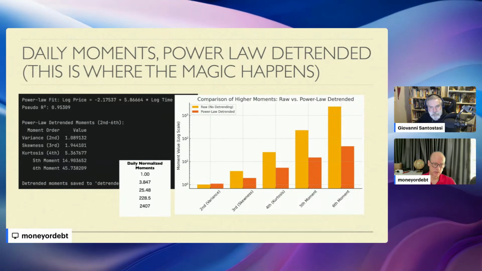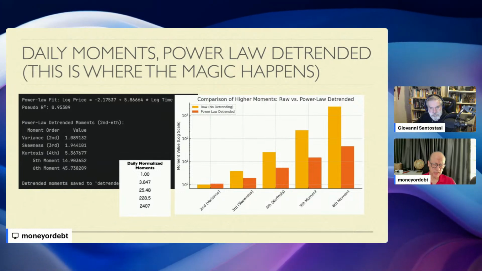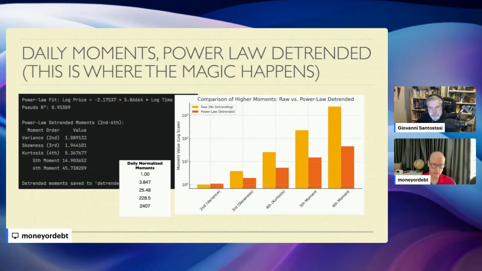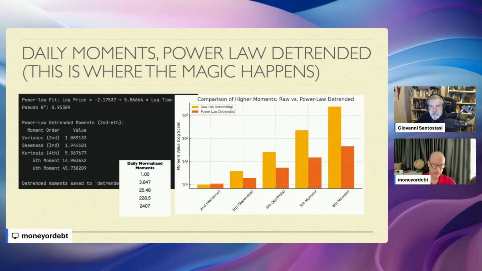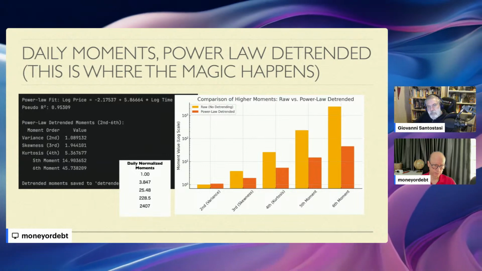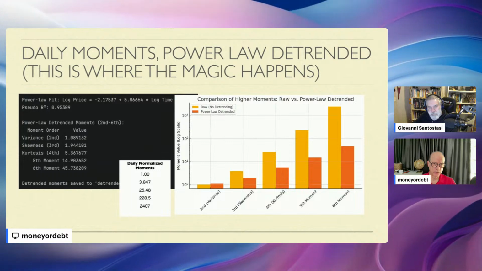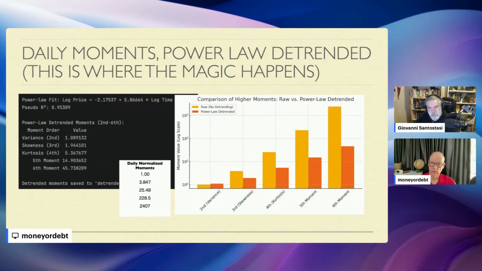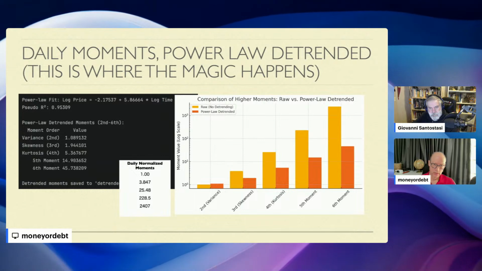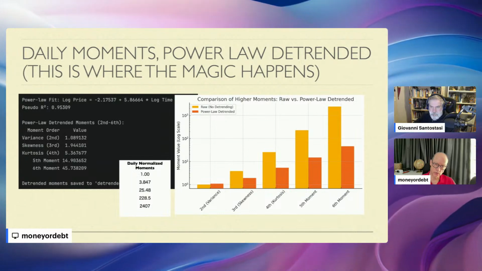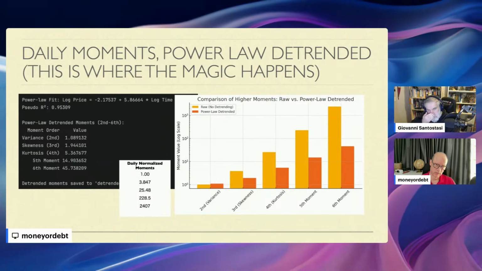So I've shown that in the histogram. That's a logarithmic axis for the y-axis. So it's the moment value for each of these higher moments. And you can see it makes a very large difference. It dropped from, I show in the inset, the small white background, 2,407 down to 46 for the sixth moment.